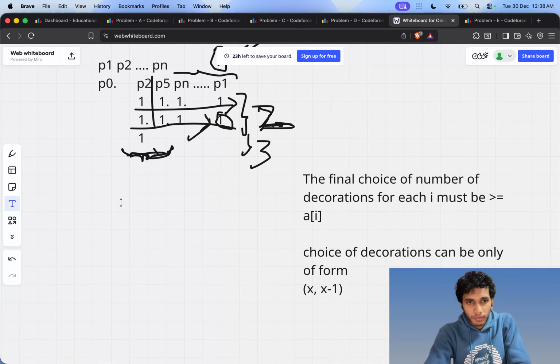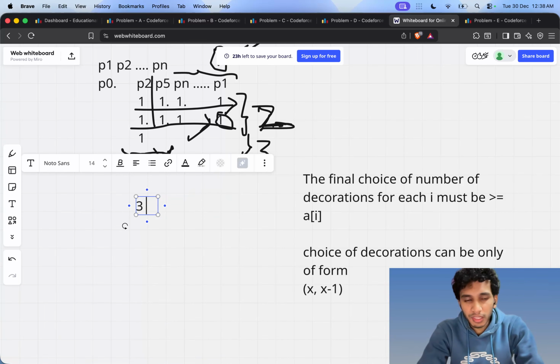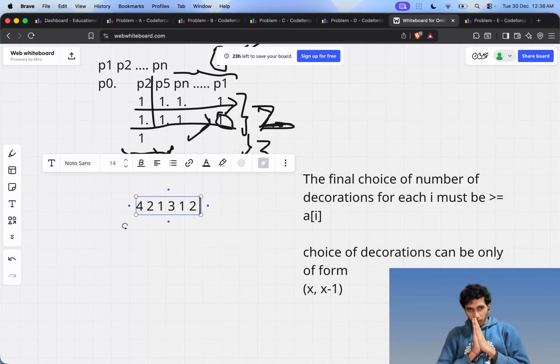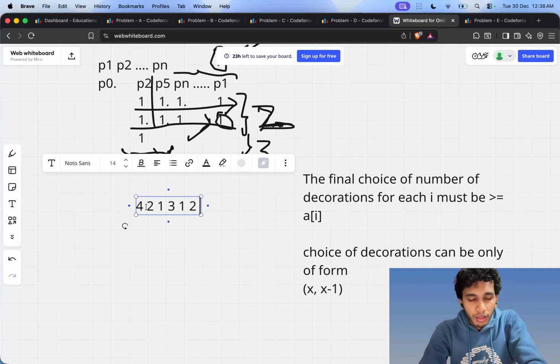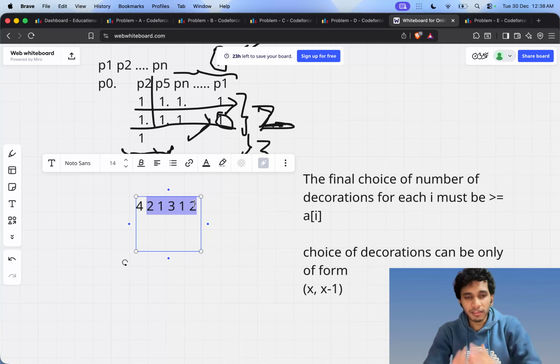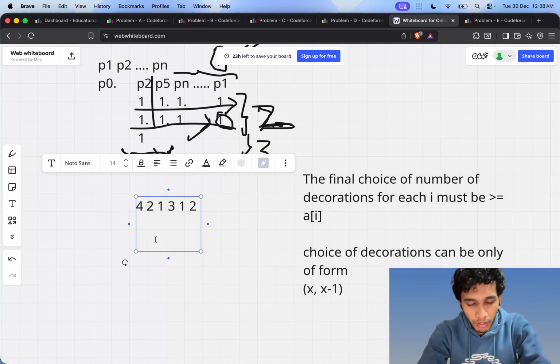Let's say the highest number is 3, or let's say it is 4. So for every other number, let's say we have 2, we have 1, we have 3, then 1 and 2. Then P0 must be sufficient so that all these numbers get the choice to pick up at least 3 decorations.